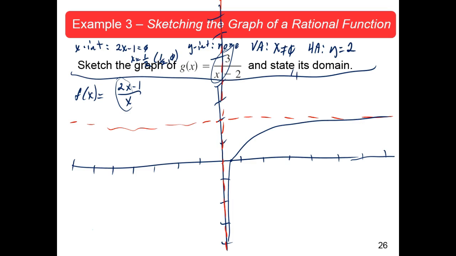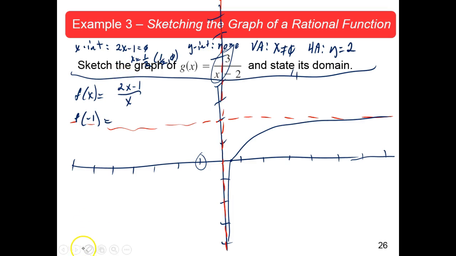So what test point might you choose to use? Yeah, pick one. Yeah, -1. That's a real simple one. So let's plug in that. F of -1 would be, let me erase this stuff out of the way so you don't get confused by it.